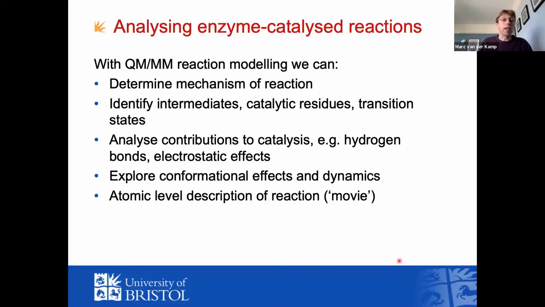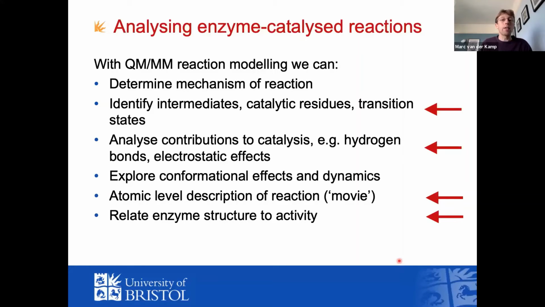You can at least already get an atomic level description, and that can sometimes already be very useful just to get insight of what actually is going on. And ultimately all these things have to do with relating the enzyme structure to its activity. And the ones here with arrows are essentially what we will be looking at in the tutorial today as well.